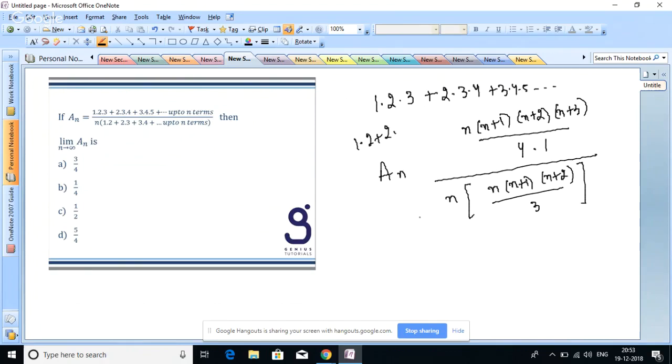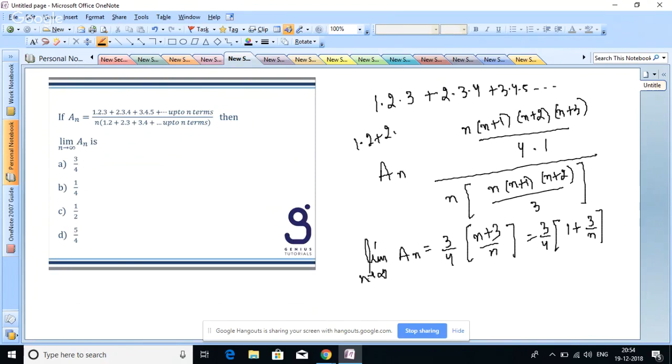Now upon simplification, you will be left with an as 3 by 4, n plus 3 by n, or you can say 3 by 4 into 1 plus 3 by n, and you have to solve the limit as n approaches infinity. Now as n approaches infinity, 3 by n is 0. So 3 by 4 is your final answer. So option A is the correct option.